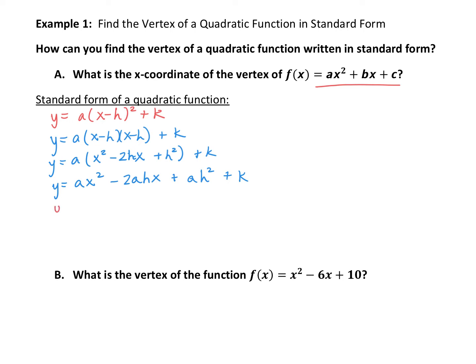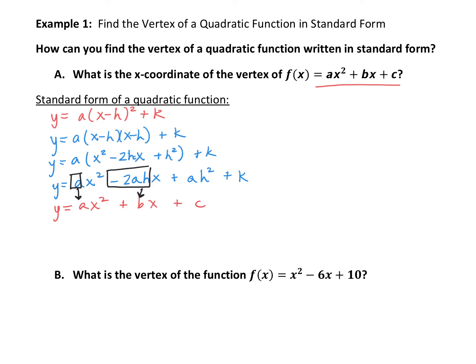So standard form, y equals ax squared plus bx plus c. And what we're showing here is that our a value is right there, a is a, and so you have ax squared. Next, though, we have minus 2ah is what our b value is equal to.